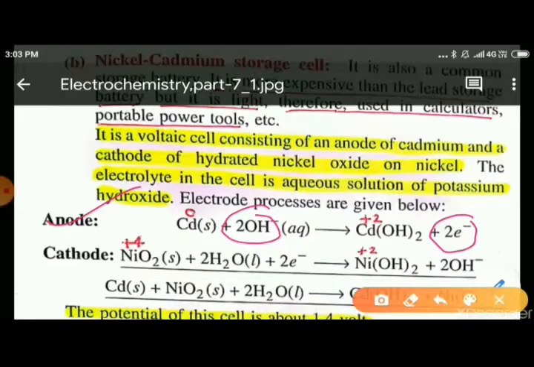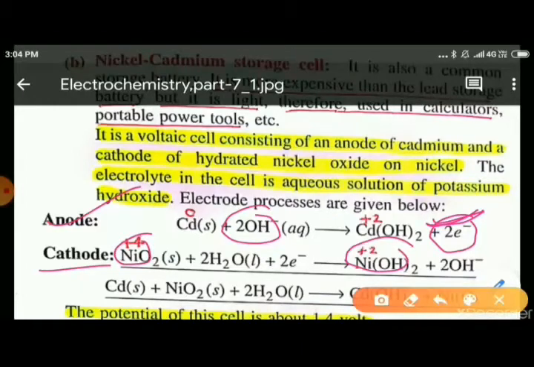Now, the reaction at the cathode. At the cathode, hydrated nickel oxide takes 2 electrons, which were eliminated during the oxidation half reaction. Now nickel oxide gets converted into nickel hydroxide and also forms hydroxide ions. So in this cathode reaction, the oxidation number of nickel in the reactant is +4 and in the product is +2.